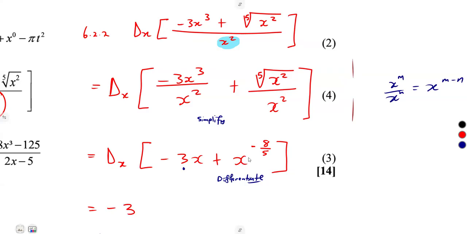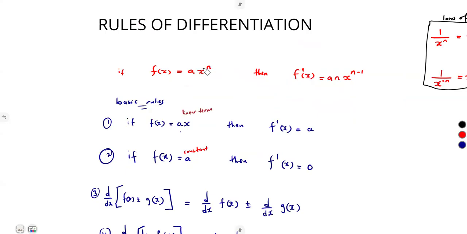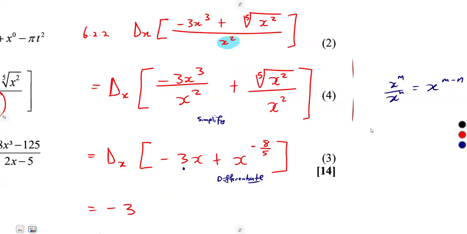All right, where we have got x raised to a certain power, we are going to drop the power, then subtract 1 from that power. So if we drop the power, it's negative to positive, which is negative 8 over 5, x to the exponent, we subtract 1 from our power.